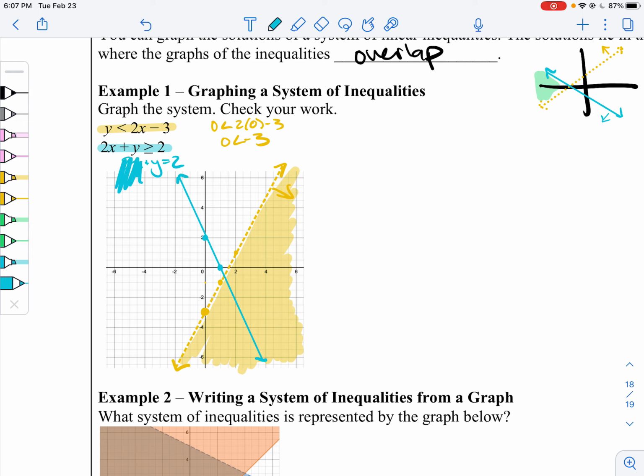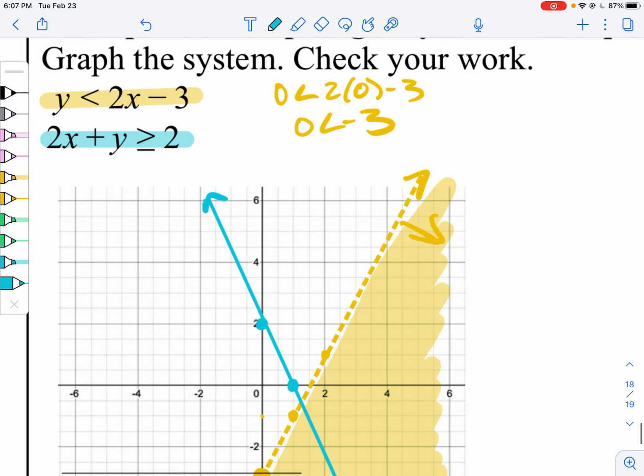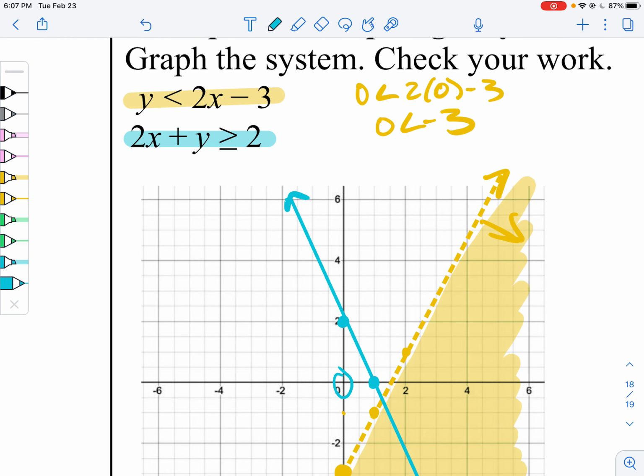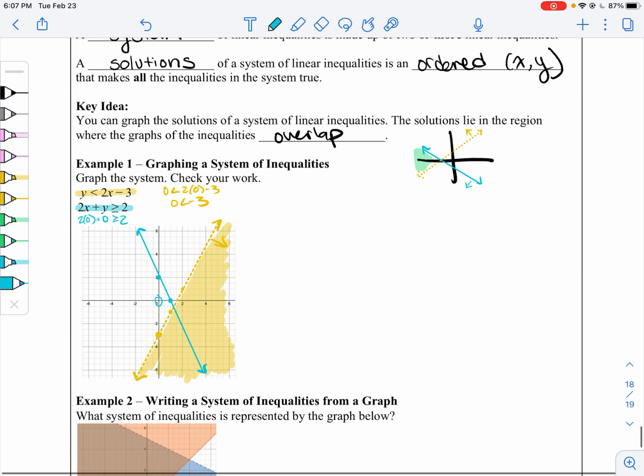Remember graphing, close enough counts anyways. And now we need to figure out, does 0, 0 make this true? Is it true that 2 times 0 plus 0 is greater than or equal to 2? No, that's still not true. Aw, man. So we need to shade in the opposite side. That's the sound that shading makes, by the way.